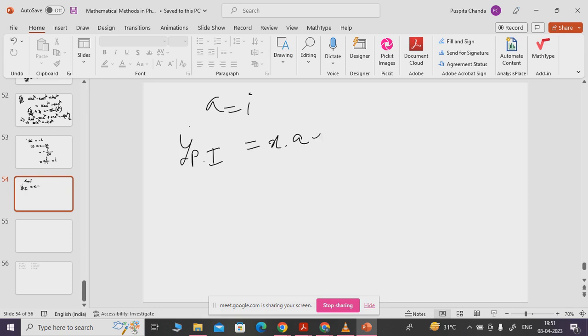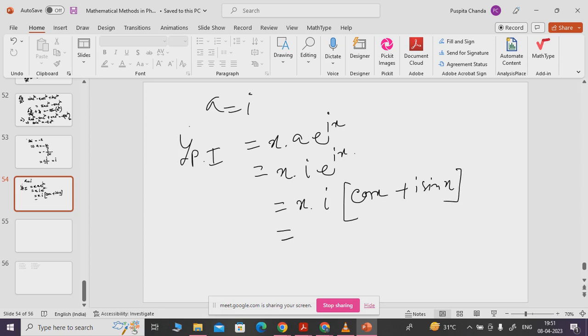We have assumed the particular integral is x a e^(ix), so x i e^(ix). So what is e^(ix)? Cos x + i sin x.